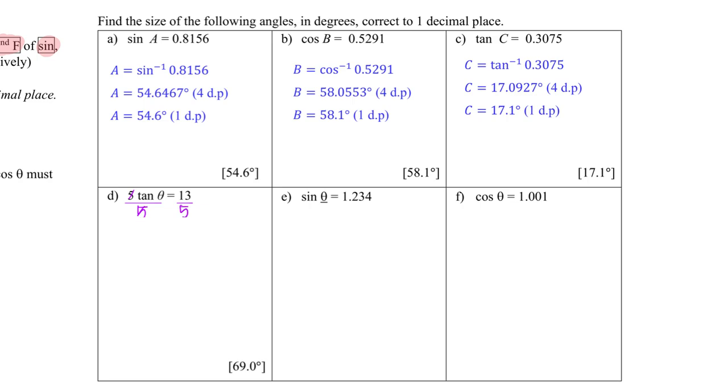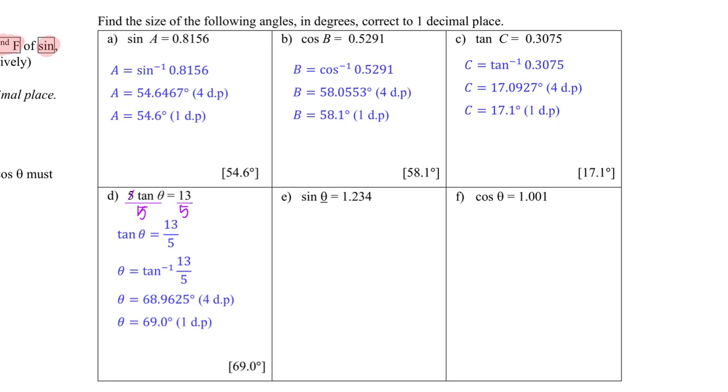Then tangent theta will be equal to 13 over 5. And so I just need to find the tangent inverse of 13 over 5 to find the angle theta.